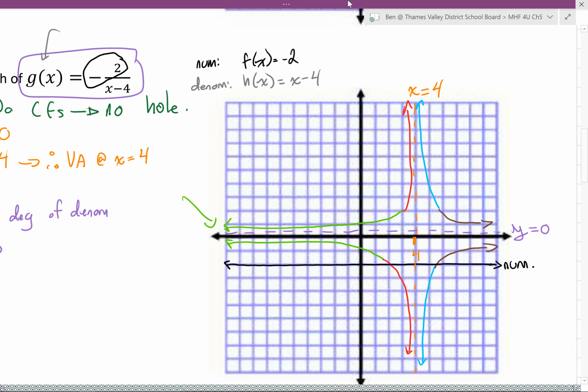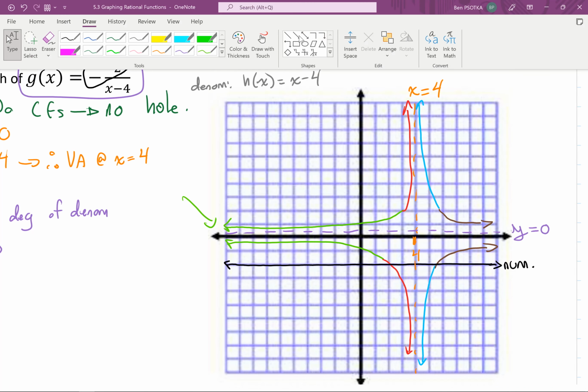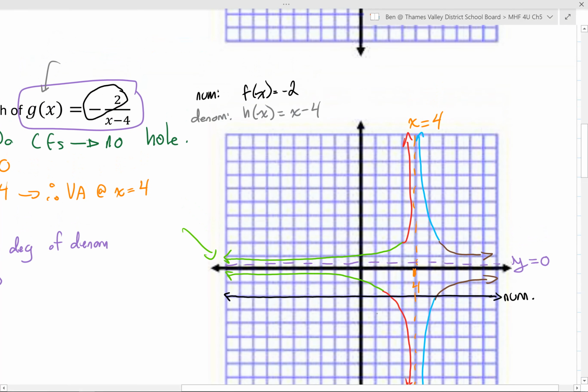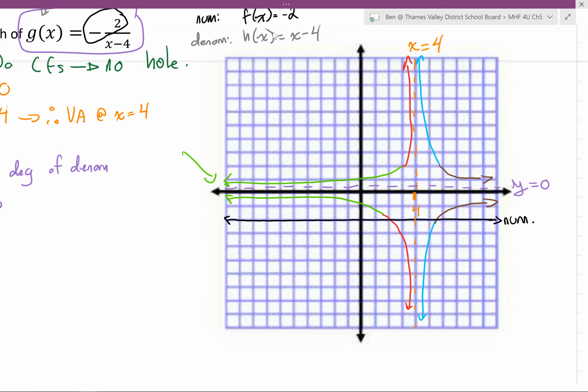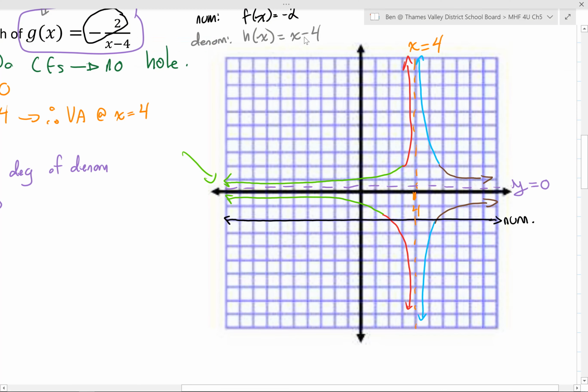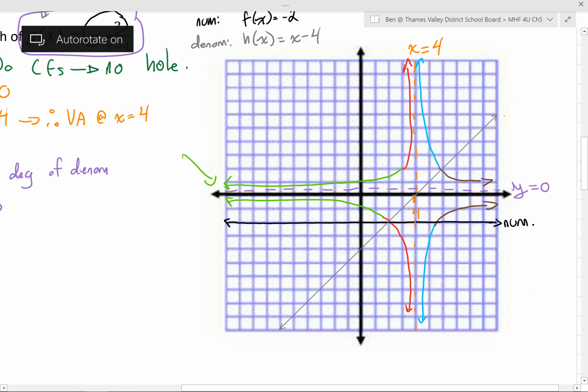Its slope is 1, and its y-intercept is negative 4. Okay, so that is my denominator.